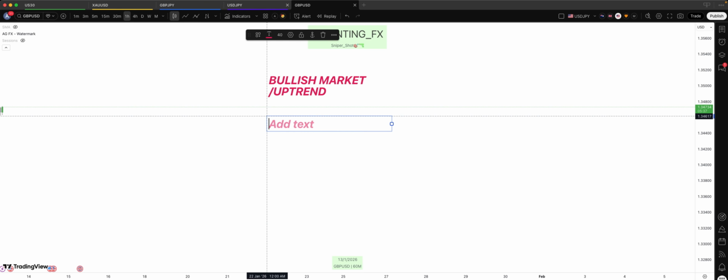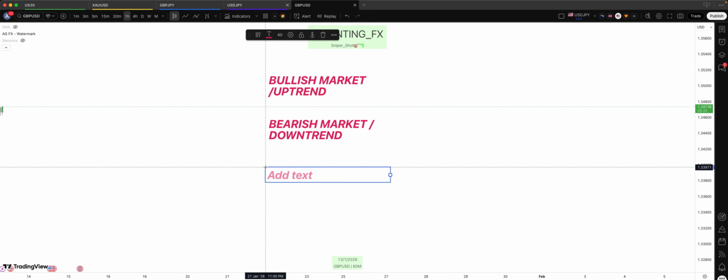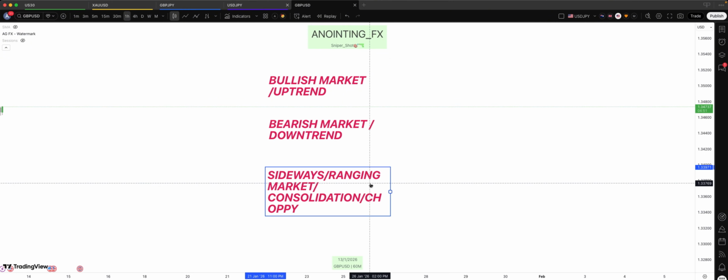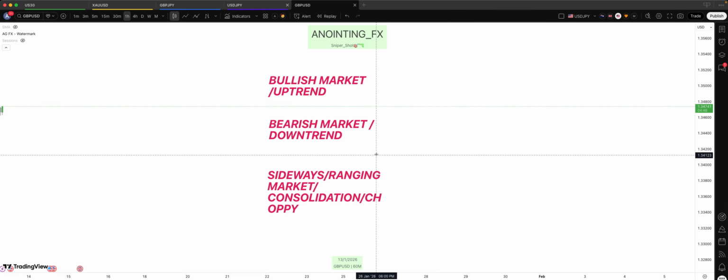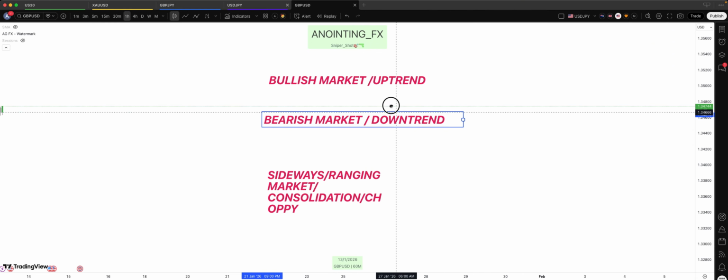We have the bearish market or downtrend. And the next one is sideways, or ranging markets, or consolidation markets, or choppy. These are the three forms of market direction that we have, and we are going to look at each of them very well.